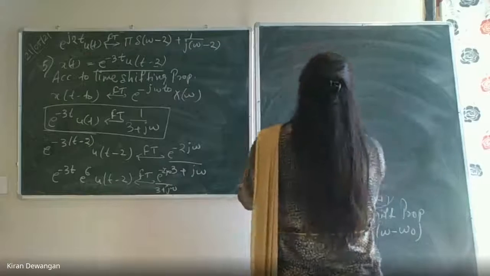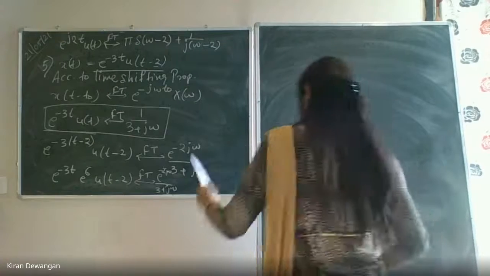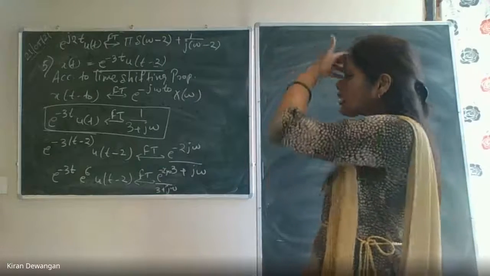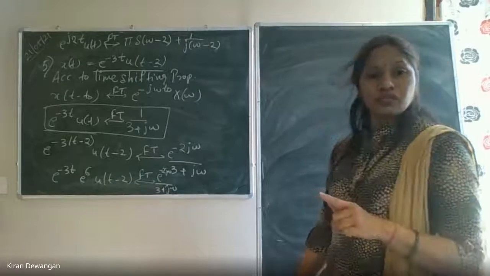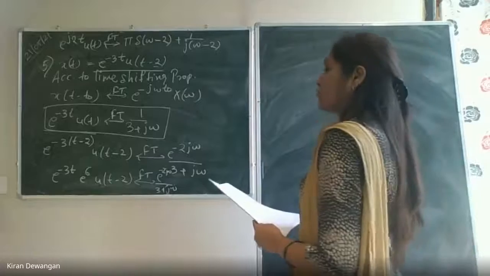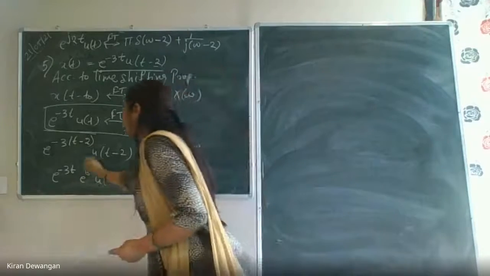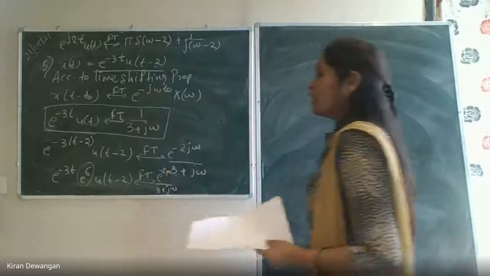That is, if x1(t) has the Fourier transform x1(omega) and x2(t) has the Fourier transform x2(omega), then a times x1(t) will have the Fourier transform a times x1(omega). So this one can be divided on both sides.